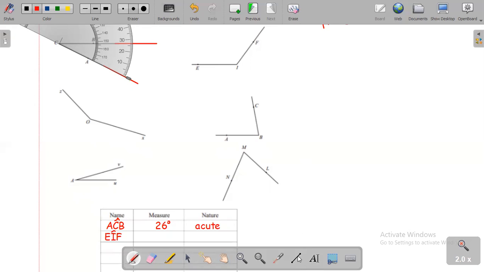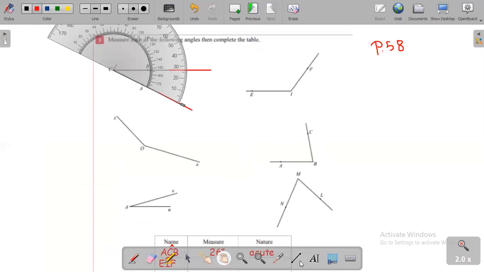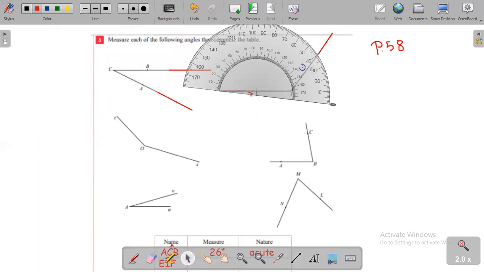Now let's find the measure. To find the measure, we have to elongate the arms. Let's elongate the arms. We take the protractor and we put it on one arm. Let's put it on IE.